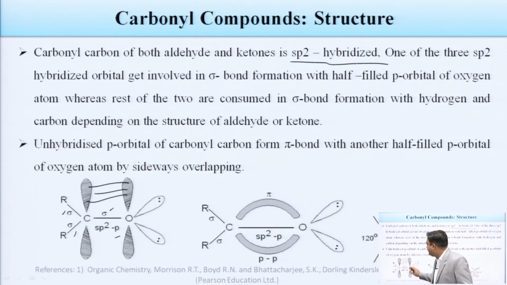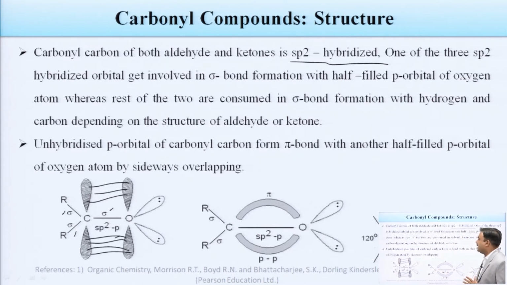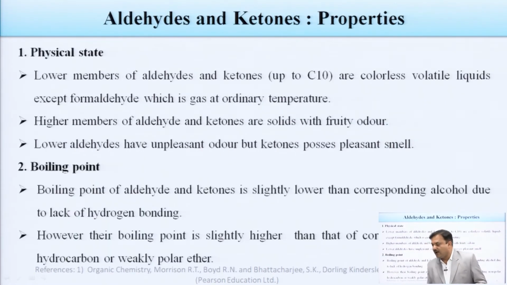So these 2 orbitals overlap in a lateral way, while the 3 sp2 hybridized orbitals form sigma bonds. So you can understand the structure.